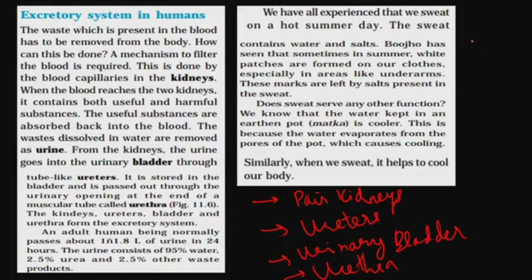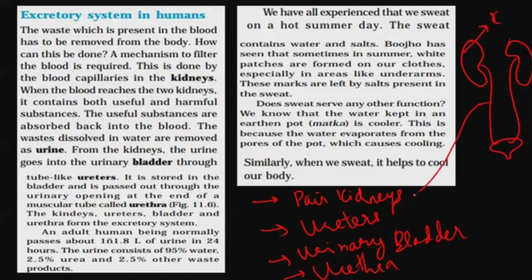So it looks somewhat like this. You have kidney, okay, and there are some ureters, and this is like this. This is kidney. This is actually a tube, and this is my ureter. This is my urinary bladder, and urethra is this tiny little opening there.